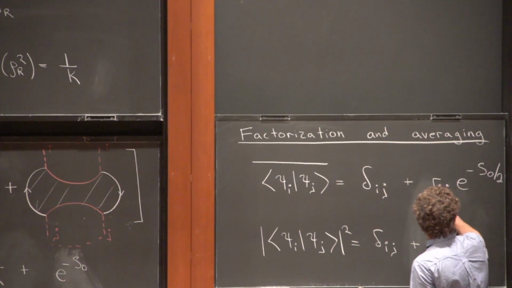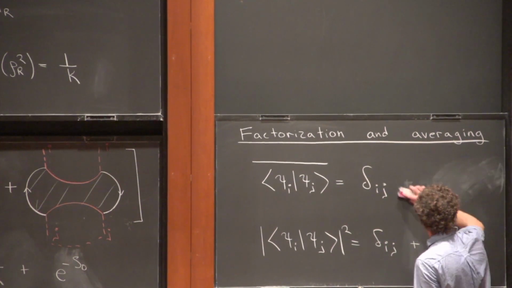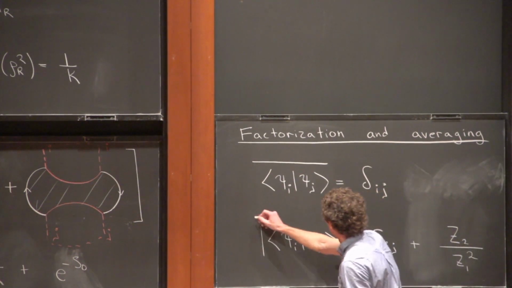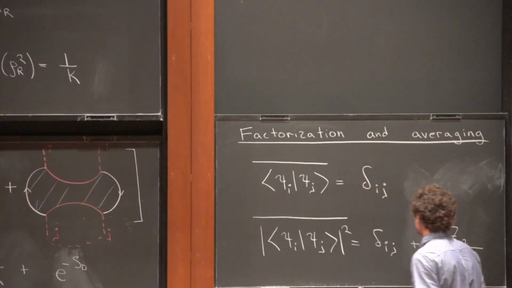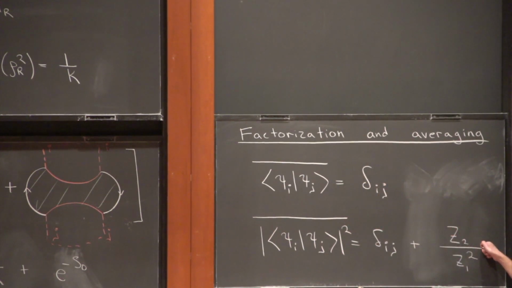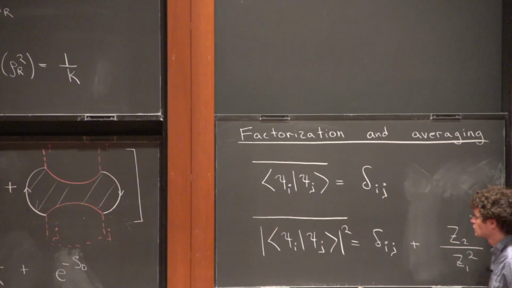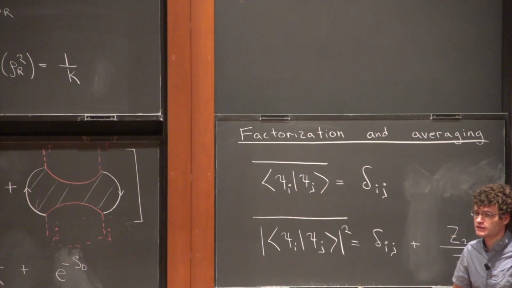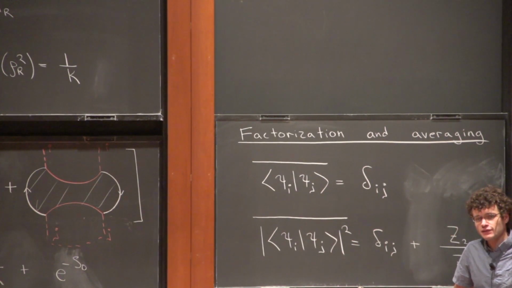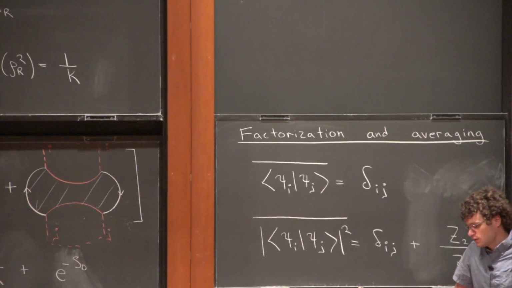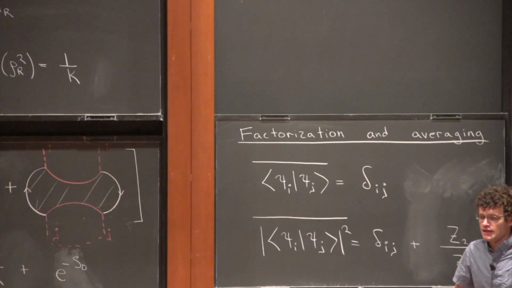When we take the average, this term drops out, and we get that. But when we take the average of the square, then this term here can be interpreted as the variance of this R_ij random variable. So it looks like, at least in this model, the gravity path integral is not literally computing quantum amplitudes. It's computing some kind of ensemble average of those amplitudes in some ensemble that's implicit in the gravity description.